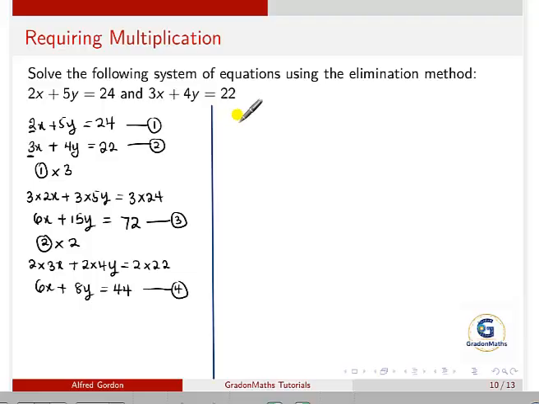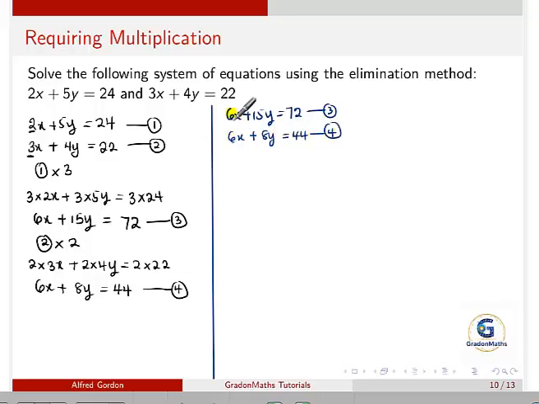The two equations to solve are 6x plus 15y is equal to 72, equation 3, and 6x plus 8y is equal to 44, equation 4.